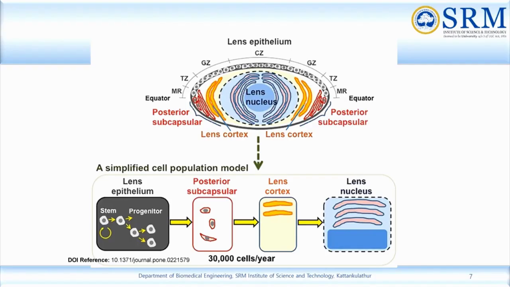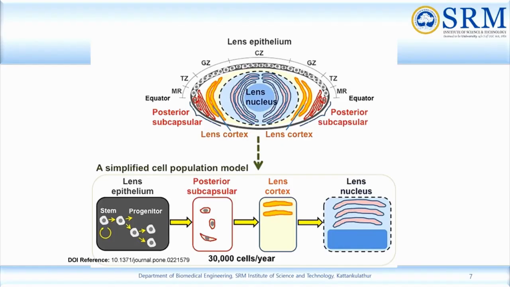So initially you have the lens stem cells, and from there the progenitor cells come, and from there the posterior subcapsular cells form, and as they differentiate, they form the lens cortex, which is more arranged, and then the lens nucleus cells. Around 30,000 cells are produced in this cycle every year.